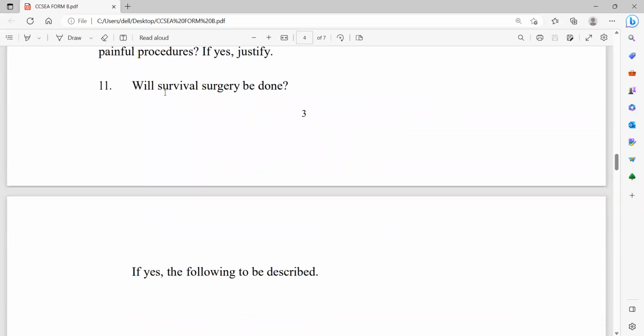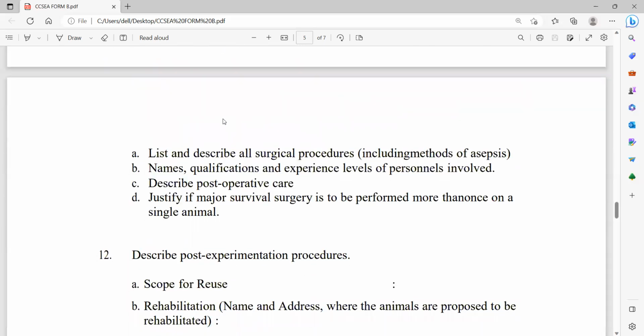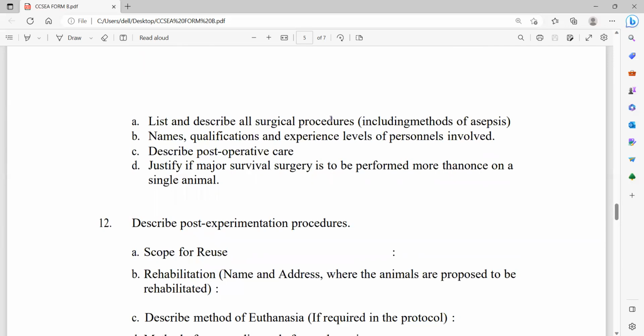Then if you are doing survival surgery, you have to justify why this is required and how you will take care of the post-surgical process. Then all surgical procedures you have to include separately in detail. While doing the surgery, an expert person is required. So whoever the expert person doing the surgery is, the name and qualification of that person is required.